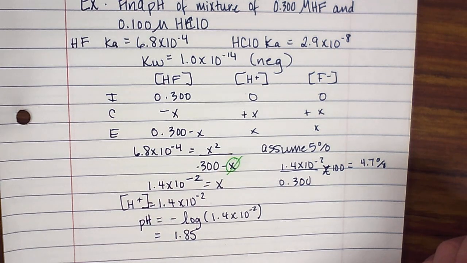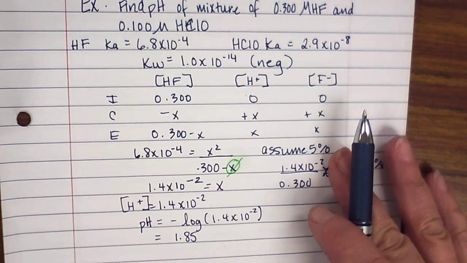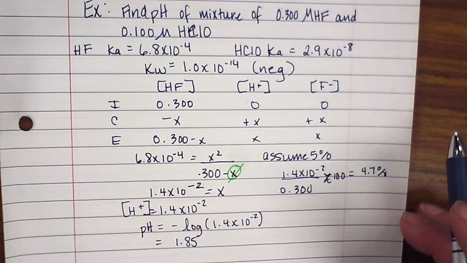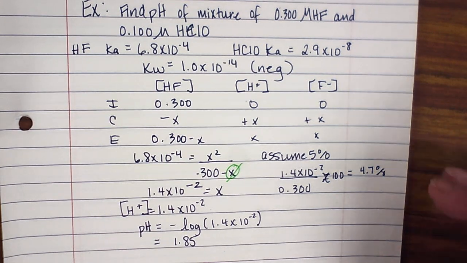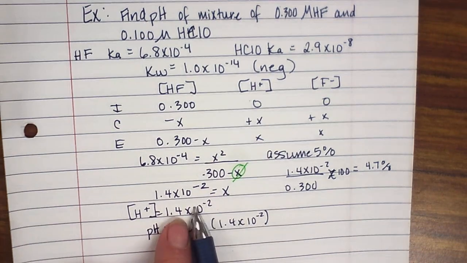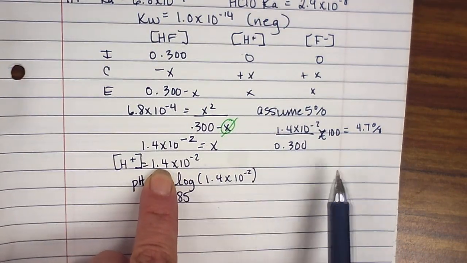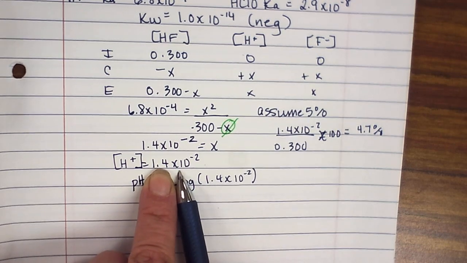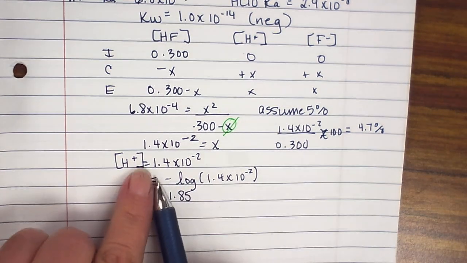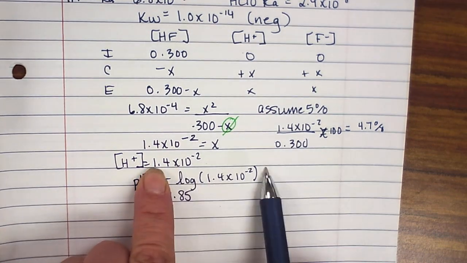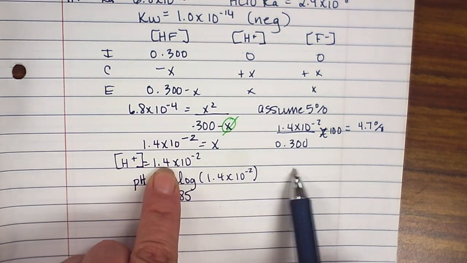Natalie. So if you what? If you end up having to use both. You won't. But if you did, you would end up with two separate hydrogens, and they would be close enough that if you added them together, it would make a difference. So do you add them? Then you would add them together. So the other one would be like, I don't know, 2.6 times 10 to the 3.